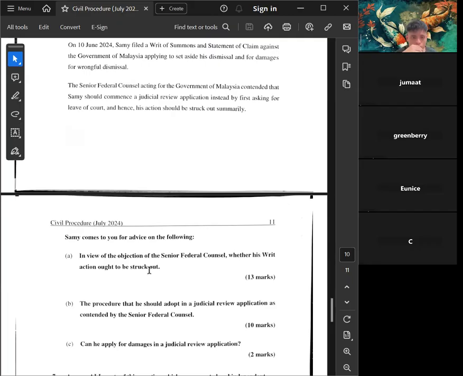This is a 13 marks question. Do you all have any clue on how to go about it?